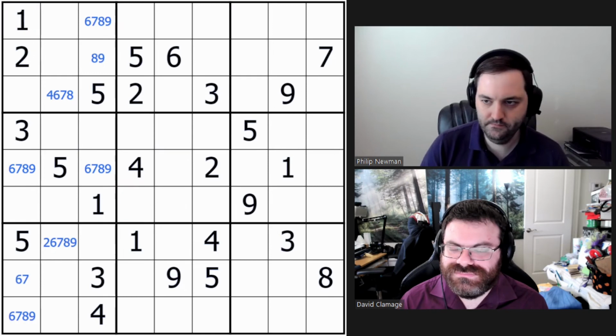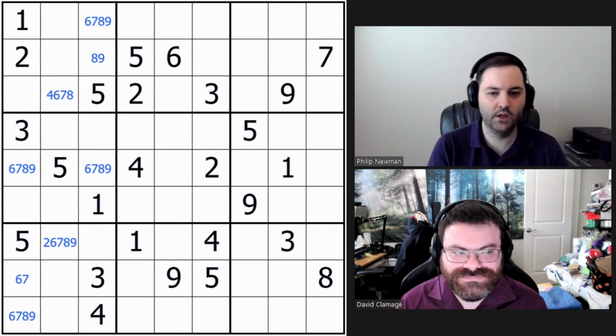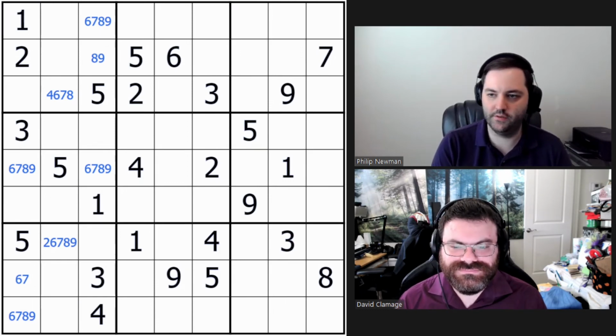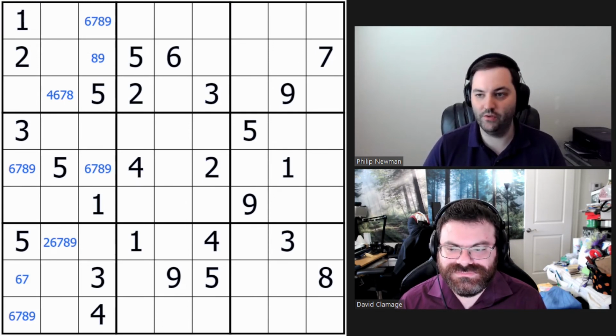Last puzzle. So this was the challenge puzzle. This is also in the pack. This is a double junior Exocet. If I recall correctly, you can solve this with just a regular junior Exocet.